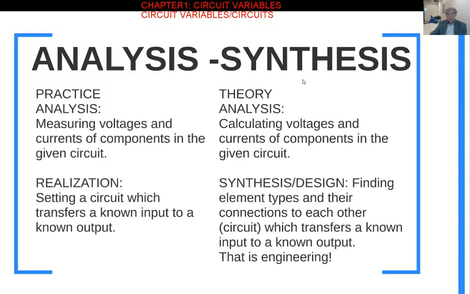The another concept that we use in electrical engineering is the synthesis, or in general in engineering, not electrical engineering only. So synthesis, finding the element types and their connections to each other, that is circuit, which transfers a known input to a known output, that is engineering.